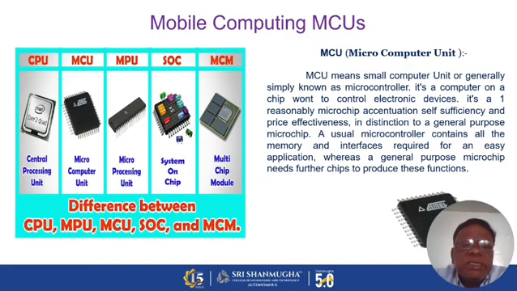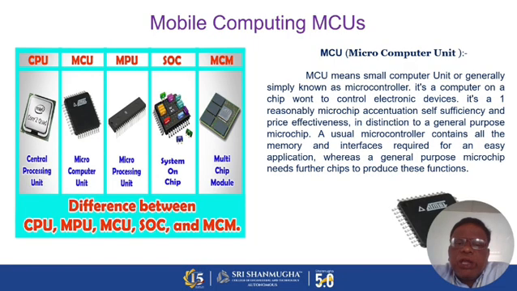Nowadays, there is the CPU model, that is the central processing unit. A number of microcomputer units are clubbed onto a single semiconductor device, and then only are they adapted for the processing modes.